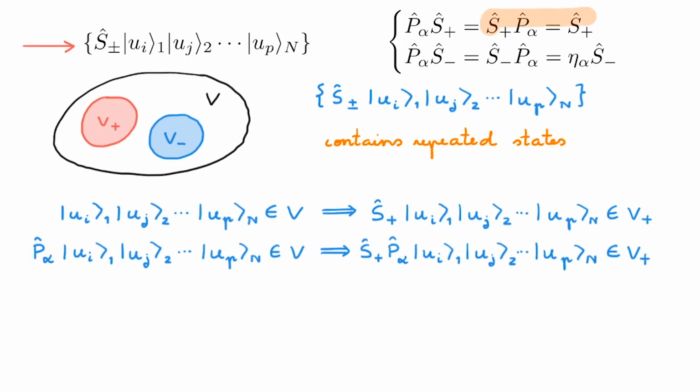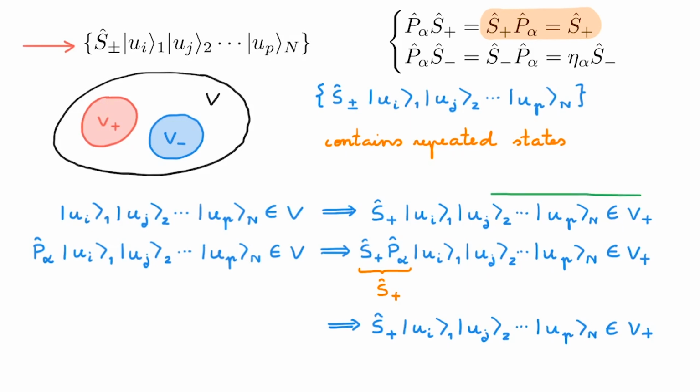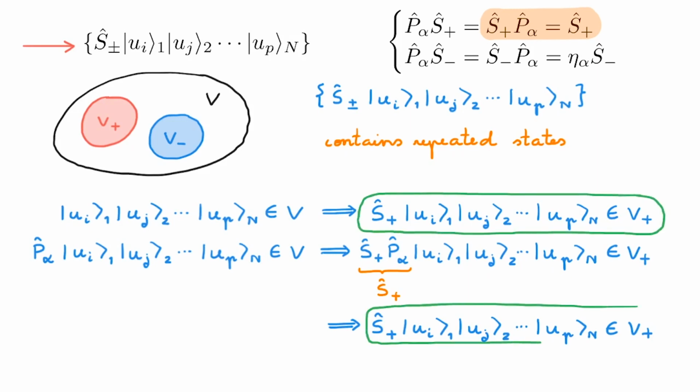Looking at this relation up here that we derived in the video on symmetric and antisymmetric states, we see that S plus P alpha is simply S+, so we obtain this. As expected, this state and this state are the same state in V+. This means that these two distinct basis states in V give the same basis state in V+.